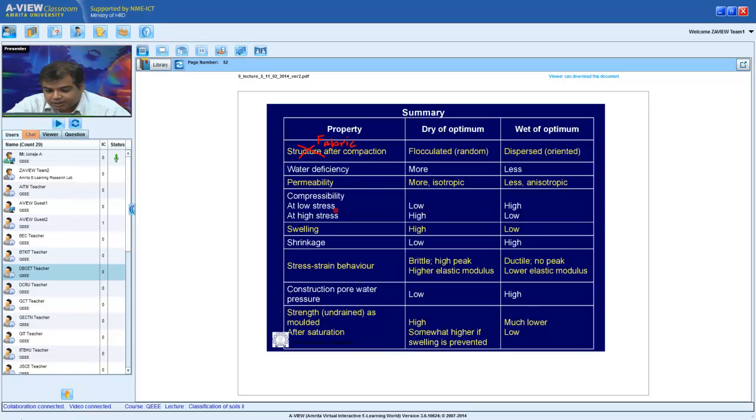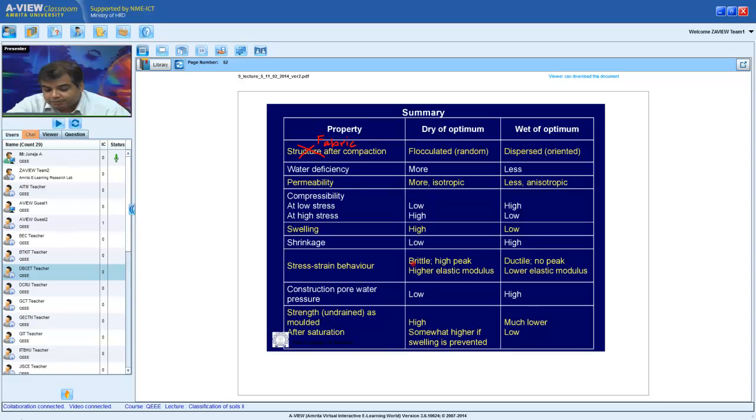If you go down, we have done compressibility: at low stress you have low compressibility for dry, and likewise it becomes the opposite for wet, with higher compressibility. Shrinkage and swell, we have done this. Stress-strain behavior is steeper if you have a soil which is compacted dry of optimum compared to wet of optimum.